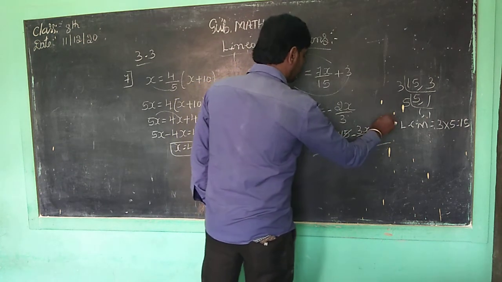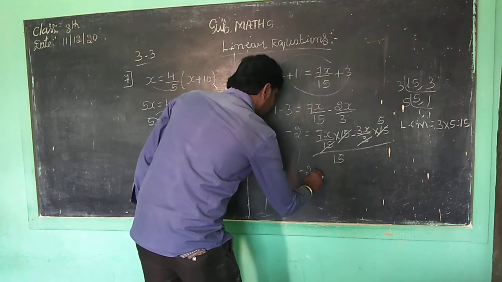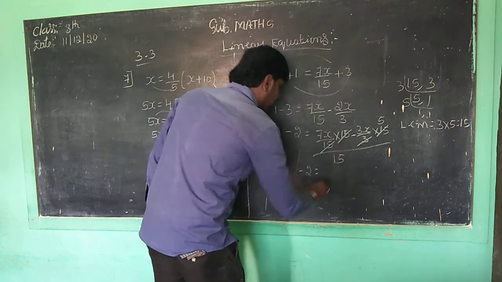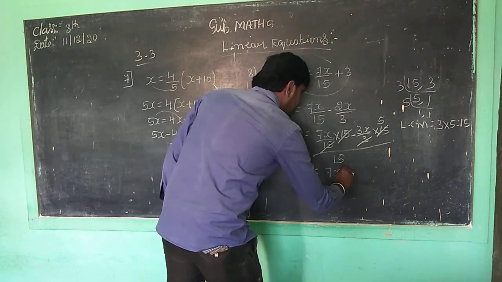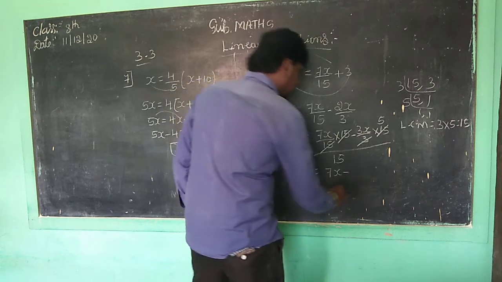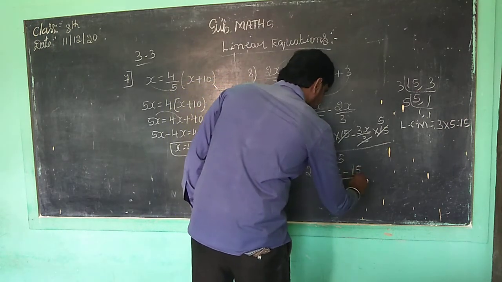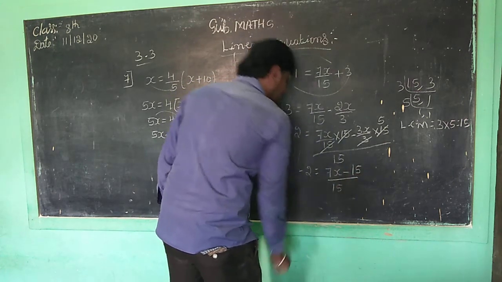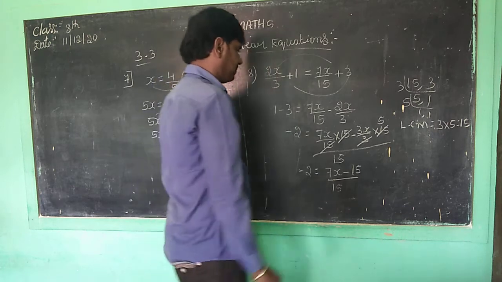So minus 2 is equal to 7x minus 3 5 is 15x divided by 15. You want to cross multiply, children.